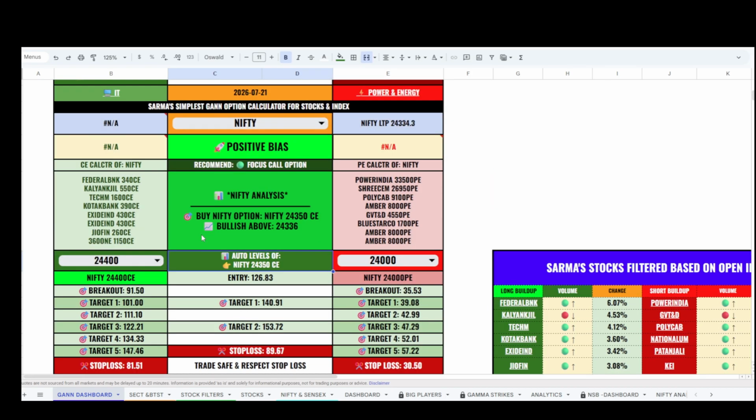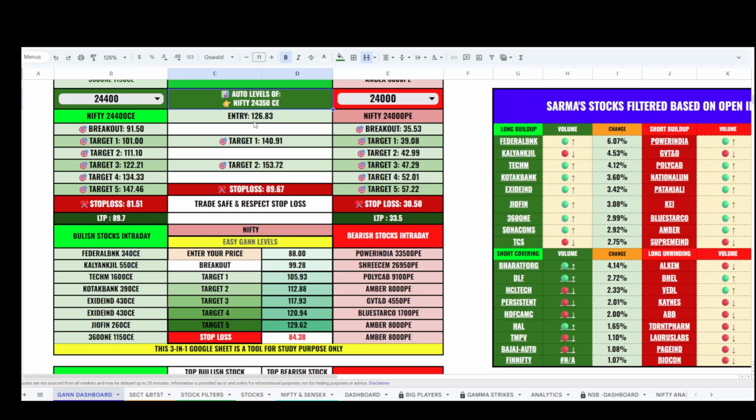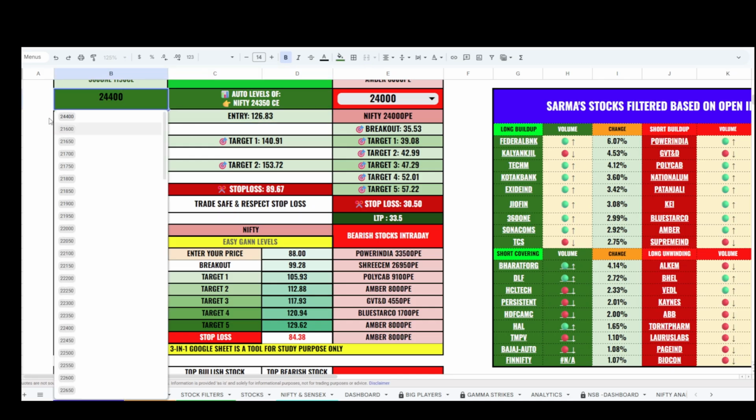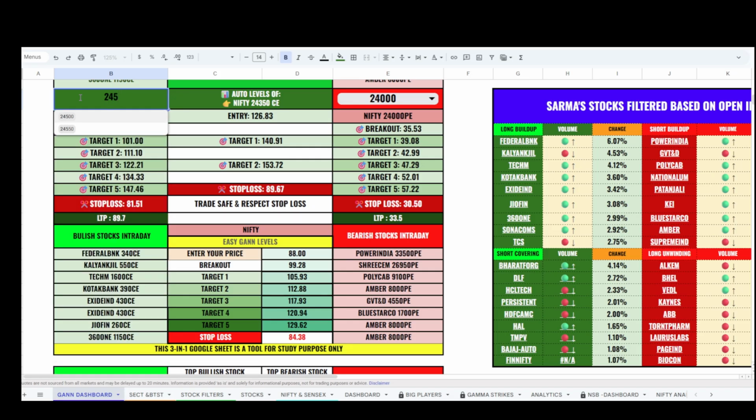Then if you are not interested in this strike price, if you feel that this premium is high, you can go here. If the market is bullish, on the left side you have strike prices for call. For example, if you don't want to trade 24,350 but you want to trade 24,500, so that the premium would be less, you can select this, and as soon as you select, you can see the Nifty breakout entry, target 2, target 3, target 4, target 5, and stop loss.